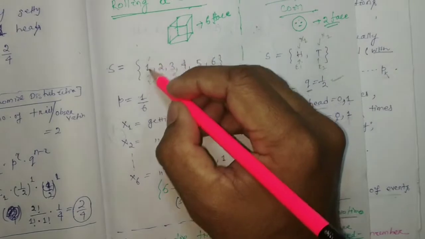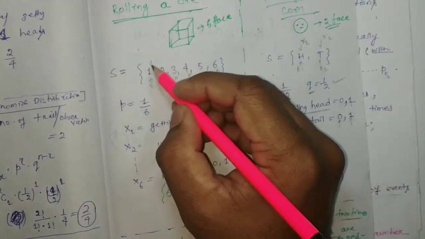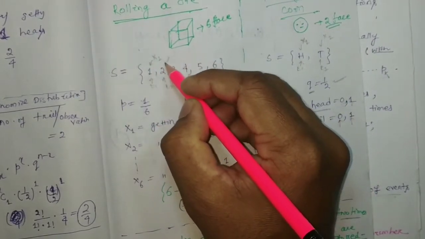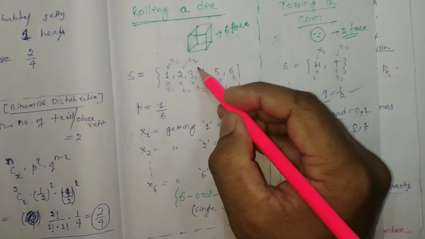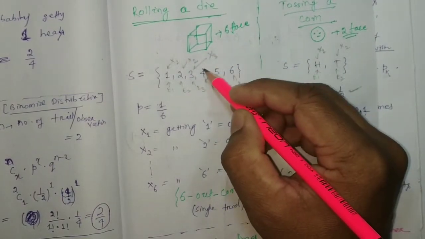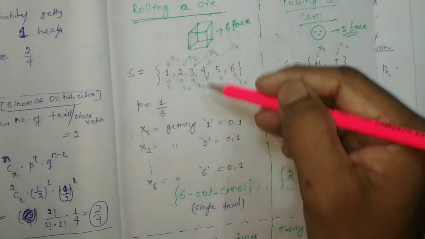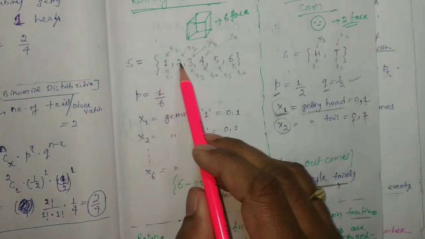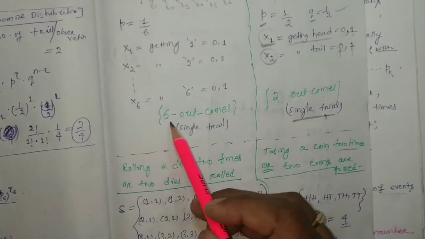With generalization, this is considered as your X1, this as X2, and 3 is considered capital X3, and 4 is your capital X4 for my explanation here. So here you can see the probability of each outcome will be 1 by 6, because traditionally we know that there are 6 outcomes in a single trial.